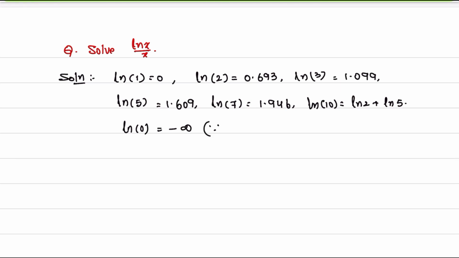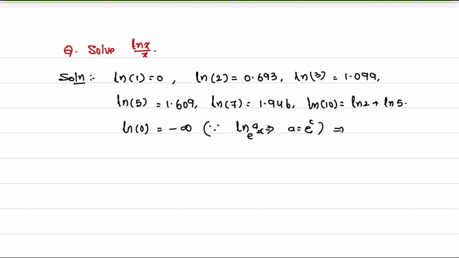Because ln a to the base e equal to c implies a is equal to e to the power of c.